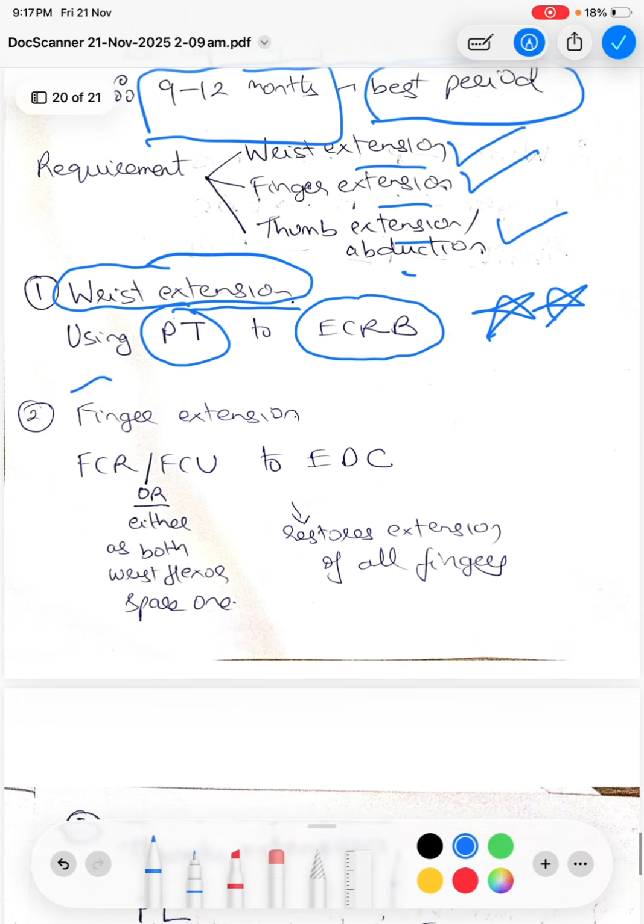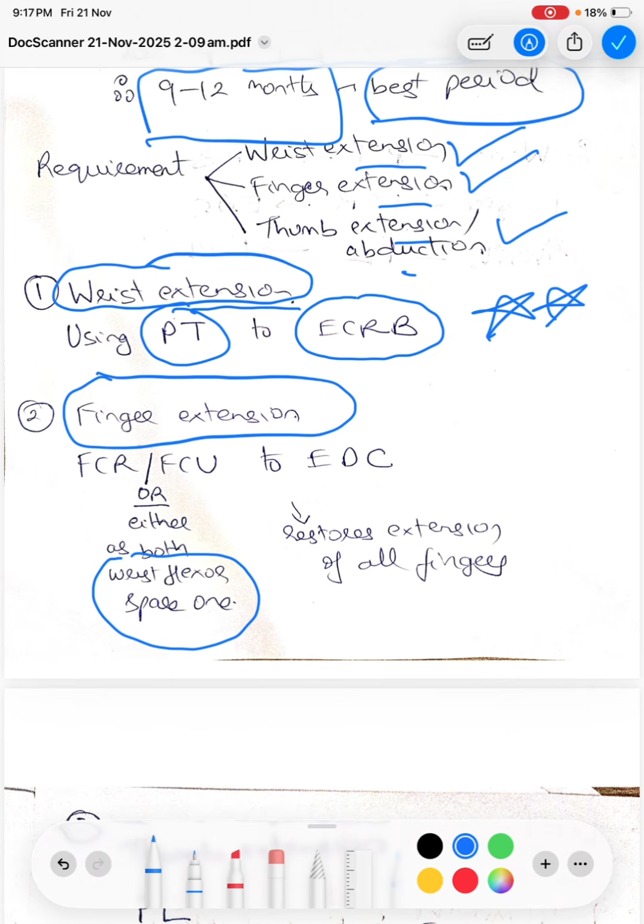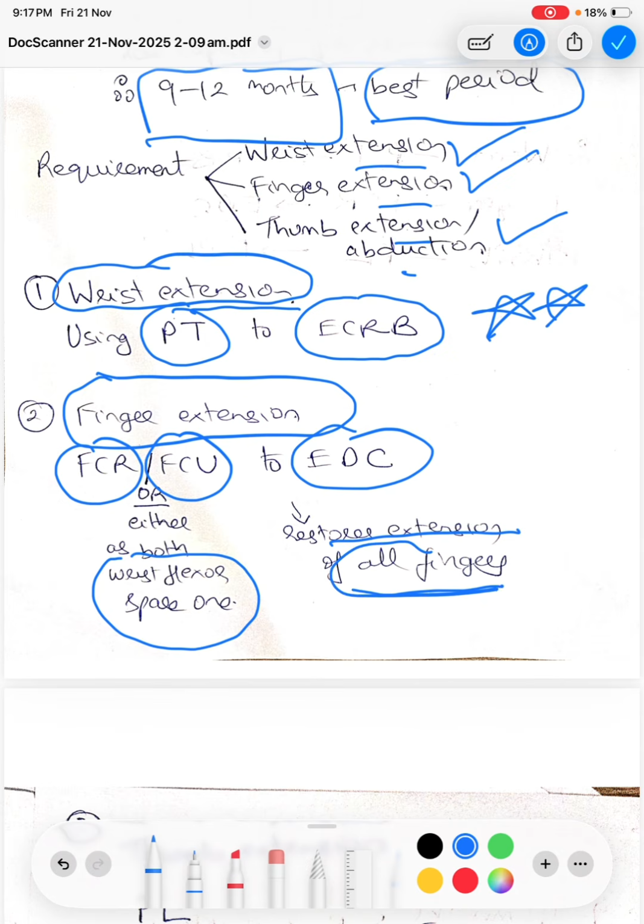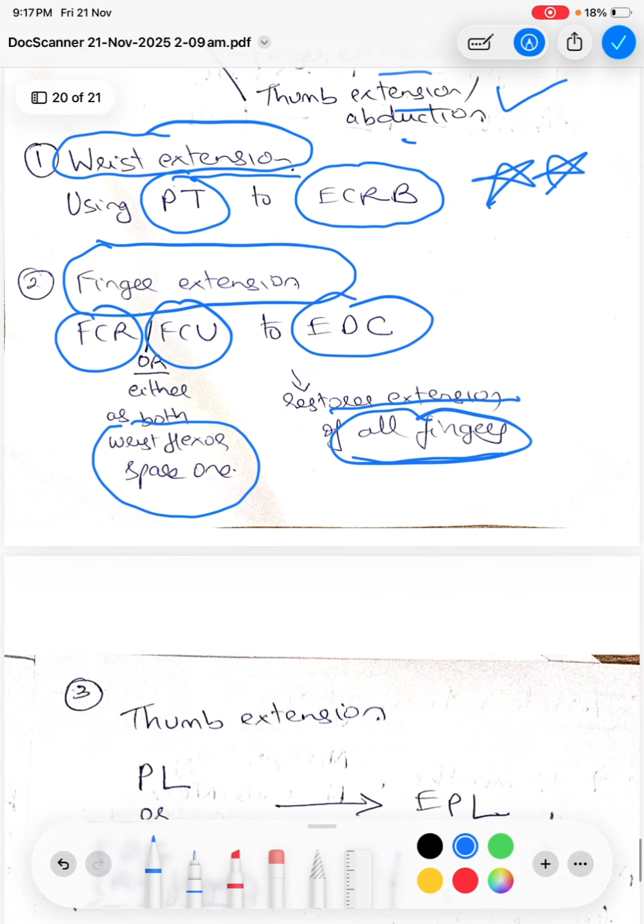Now to regain the finger extension, we use one of the wrist flexors, either FCR or FCU. Either of them we transfer to EDC, extensor digitorum communis. Okay, we don't use both, either FCR or FCU to EDC, which restores the extension of all 4 fingers.